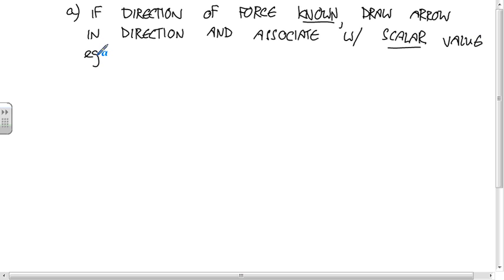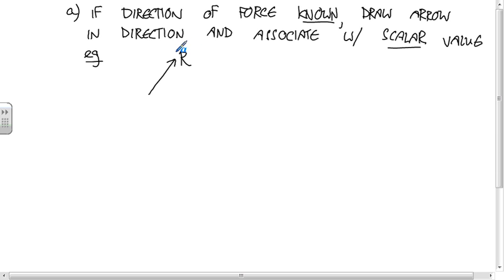For example, if you know the force is acting in that direction, then draw the arrow that way and associate it with, in this case, a variable, an unknown value. It's just r. It's not the vector r. It doesn't have a vector symbol over it.